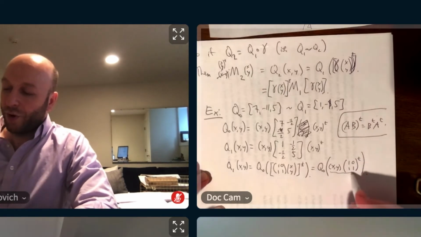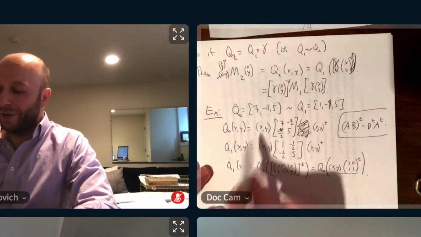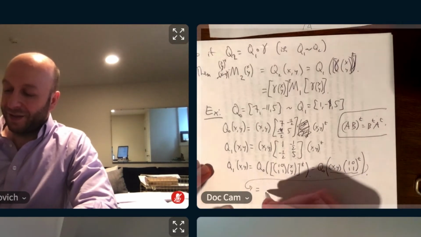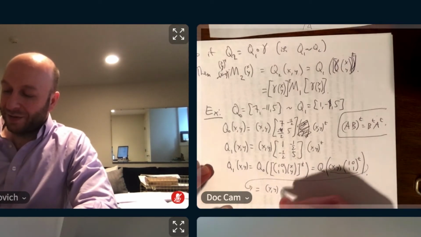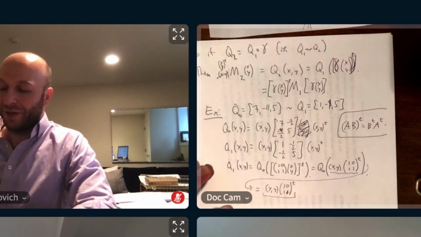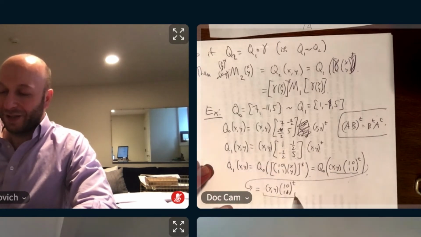So this is a new row vector. And what Q0 does to a row vector is it leaves that row vector there. This is xy times this thing. That's this row vector. This is what Q0 does to any xy, so that's what it does to this xy.